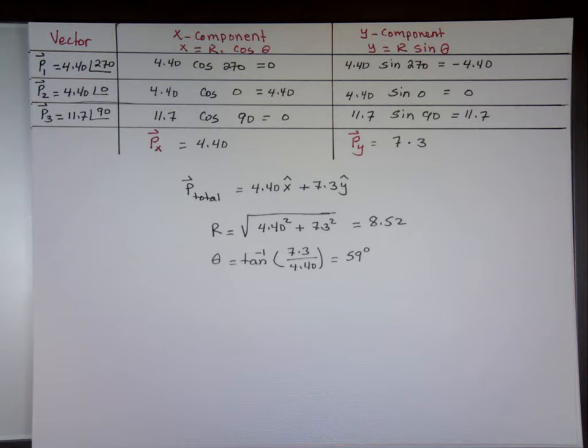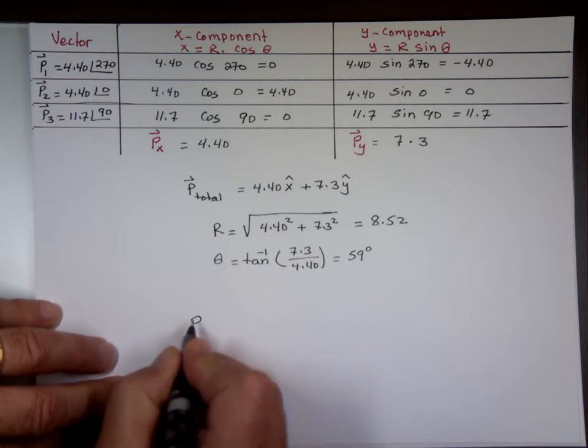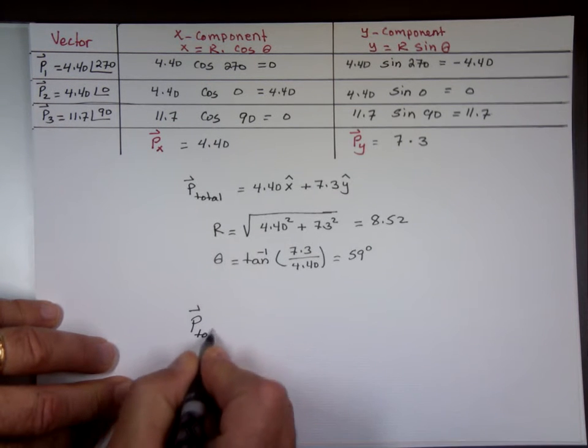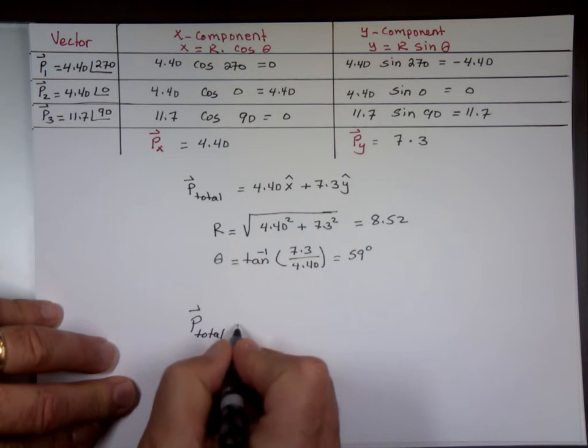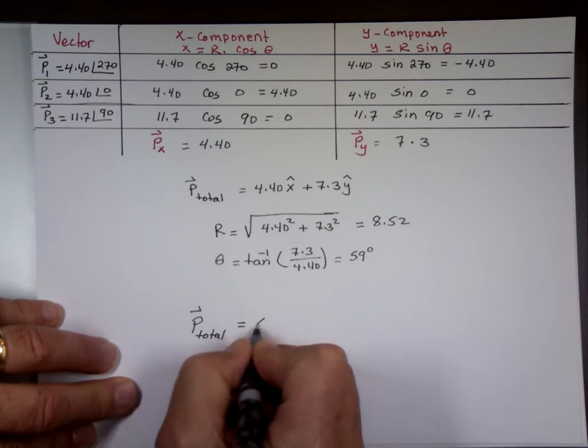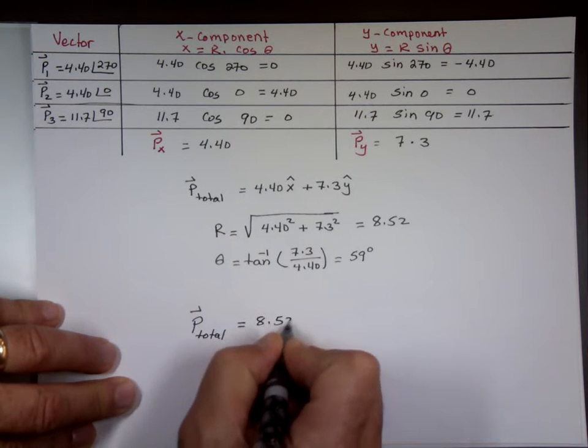So what is the total linear momentum? If you don't want it in the x and y coordinate, you want it in terms of r and theta, it is 8.52 at an angle of 59 degrees.